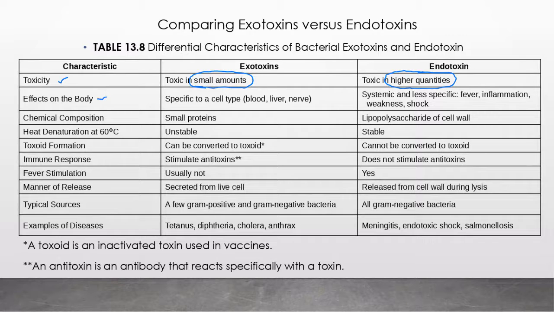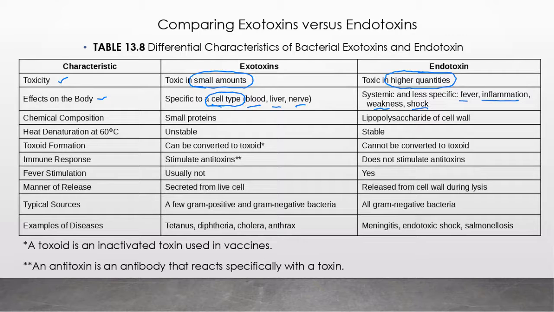For the effects on the body, the exotoxin usually destroys cells: blood, liver, nerve, skin cells. The endotoxin usually causes systemic and less specific symptoms, for example fever, inflammation, weakness; shock is a very general symptom.